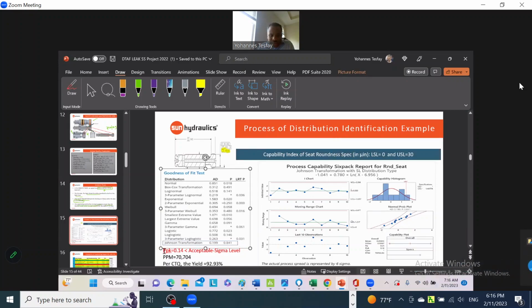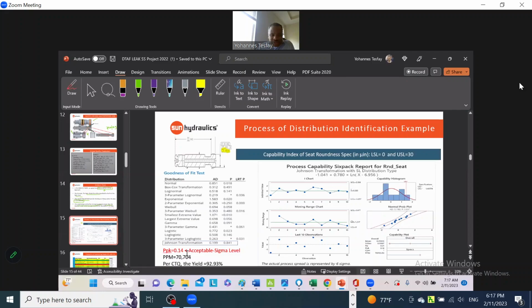So when we do the PPK, we found 0.14, which is much less than the allowable standard of acceptance.